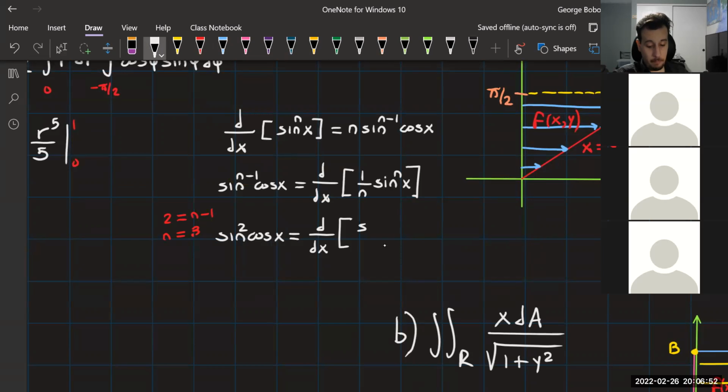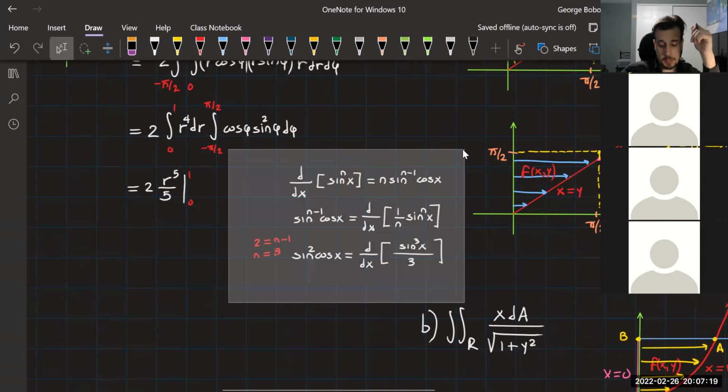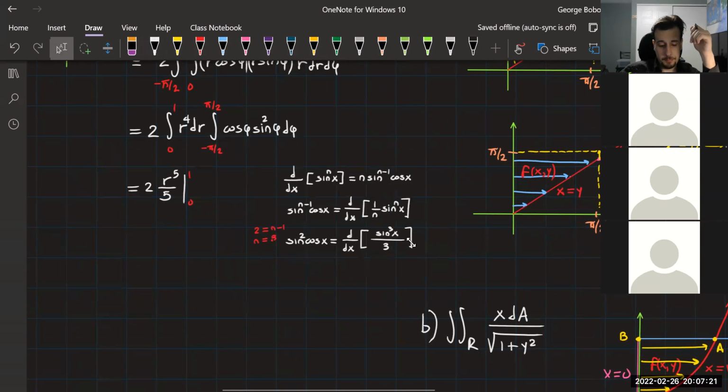So 3 sine squared cosine. Close. You said n is going to be 3 though. So in total in here we have sine 3x over 3. Yeah, that's the antiderivative. Okay, no substitution, no games. That's the antiderivative. You found it.